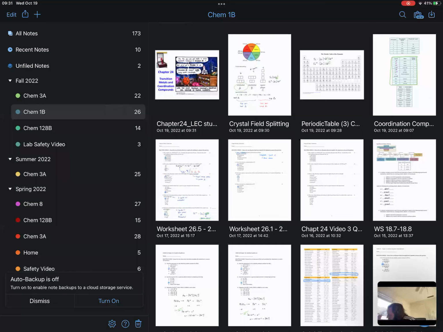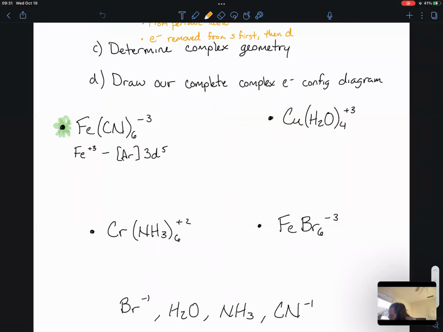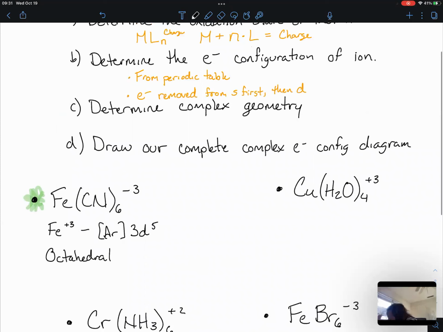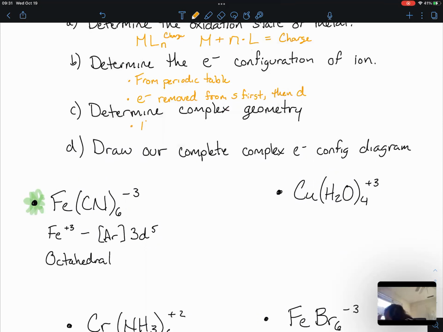All right, going back to this page, because now we've determined that this is an octahedral. In determining complex geometry, it's the number of ligands.